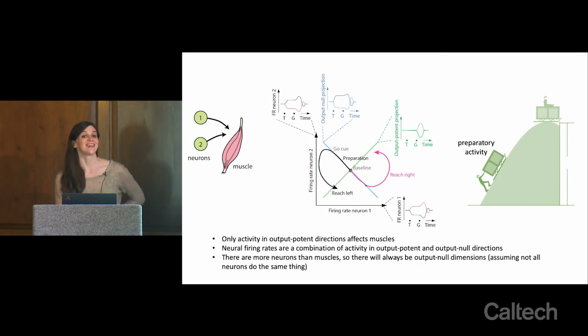I'm not going to get into that today. This is more just to describe this idea of potent and null dimensions. Maybe Sarah will talk about it. There's a whole discussion to be had about how to think about motor cortex. Hope that was reasonable. Any other questions?